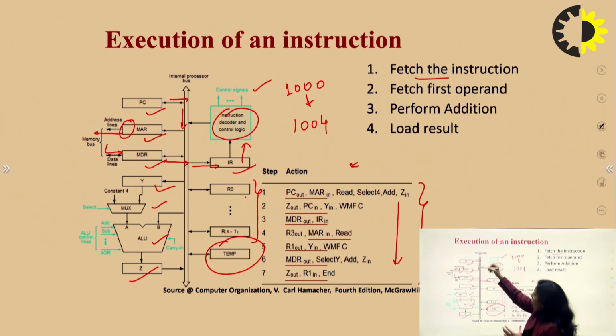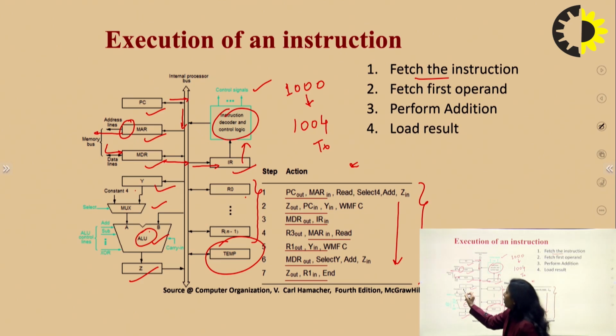So our program counter needs to be updated at the very same instant of time, the same instant where this value was being given to the MAR. This value will be sent to the arithmetic logic unit to be incremented by 4.